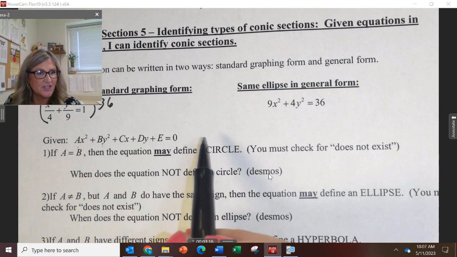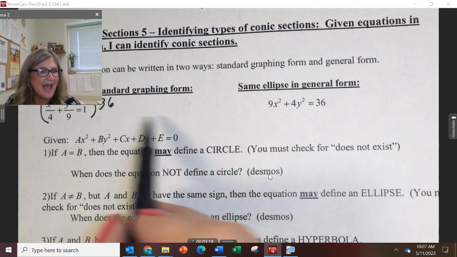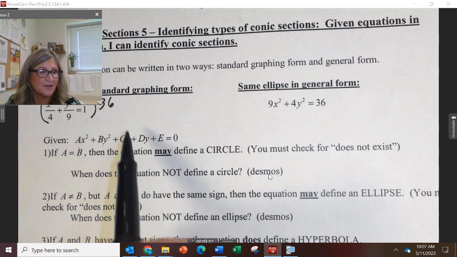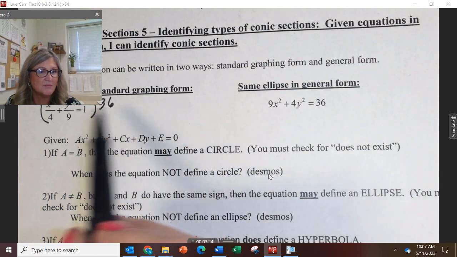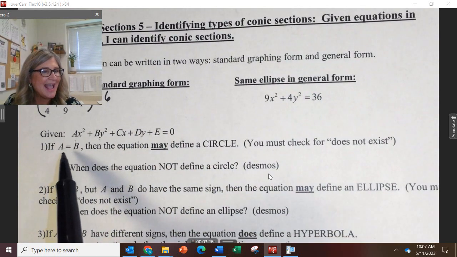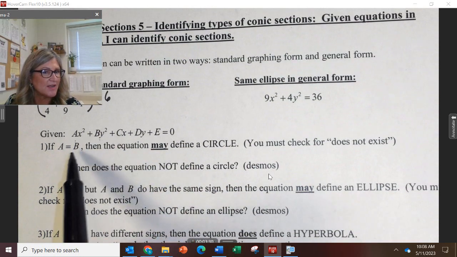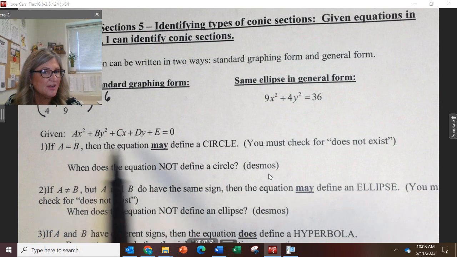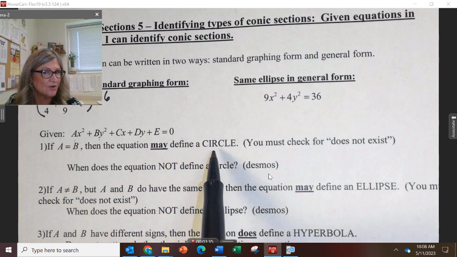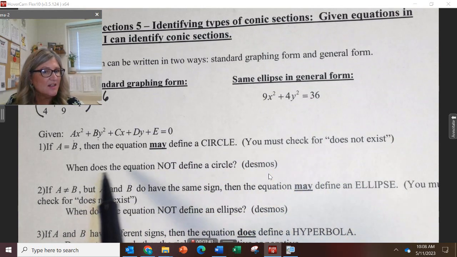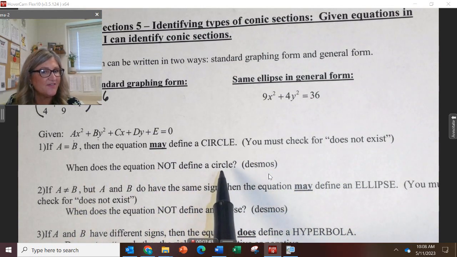So this is called general form right here, and if we have an equation that's in this general form, when A is equal to B, meaning that the coefficients of x squared and y squared are equal to each other, then we might get a circle. The reason we might get a circle is because we have to check for does not exist. When does the equation not define a circle?